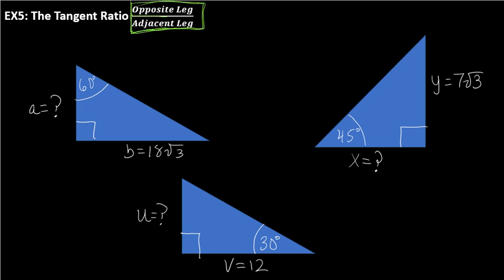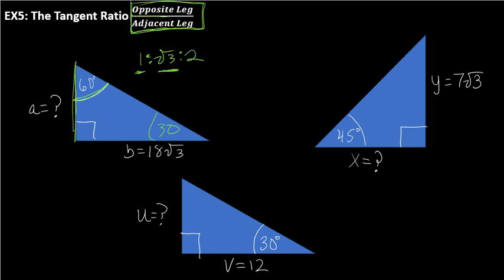Okay, so we're given this 60-degree angle, and we can tell that this must be 30, so this is a 30, 60, 90, meaning it's 1 square root of 3 to 2. That means we're given the short leg, we're going to use short leg and long leg.